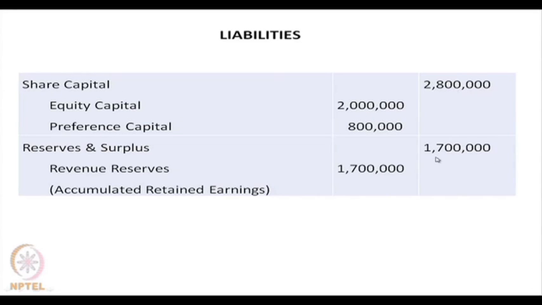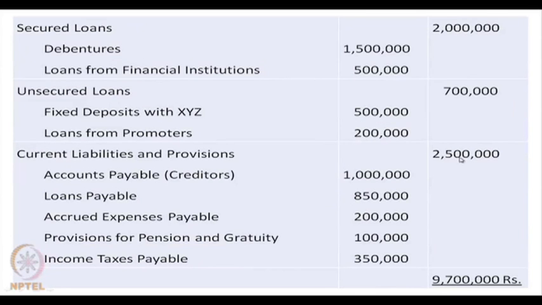So, total liability is 2,800,000 for share capital, reserves and surpluses 1,700,000, secured loans, unsecured loans and current liabilities together they are equal to 9,700,000 rupees.